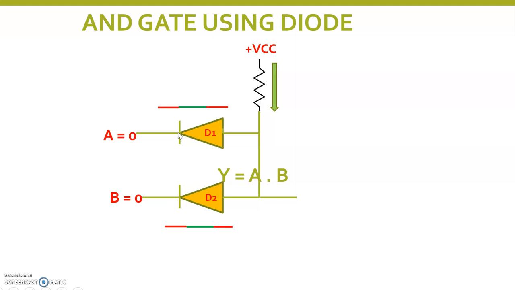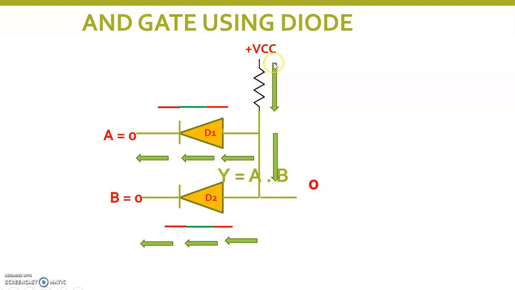Hence current will start to flow from VCC through diode D1 towards A, that is towards low potential. Also current flows through diode D2 because it is in forward bias condition, towards lower potential, and we will get output equals 0 because this ground, or logic 0, is connected directly to the output.